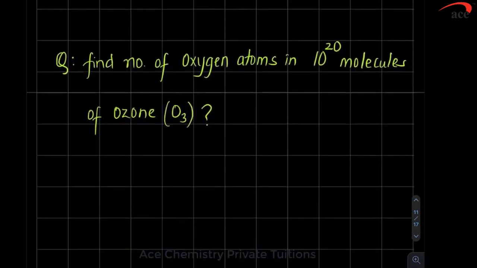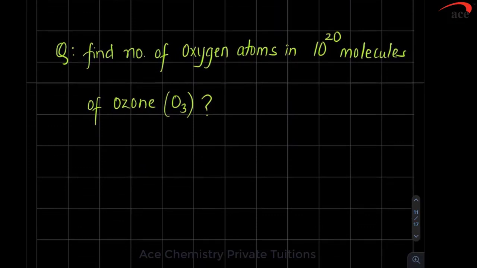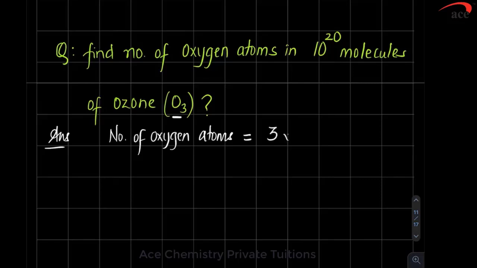Can you tell me the number of oxygen atoms in 10^20 molecules of ozone? Yes. Whenever you want to calculate the number of oxygen atoms, the formula is the atomicity of oxygen in ozone, which is 3, multiplied by the number of ozone molecules.